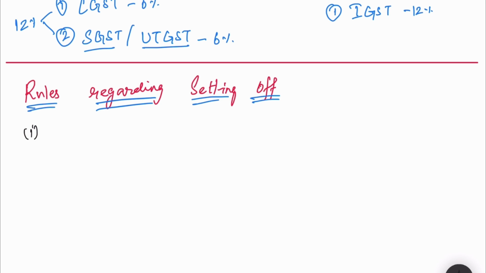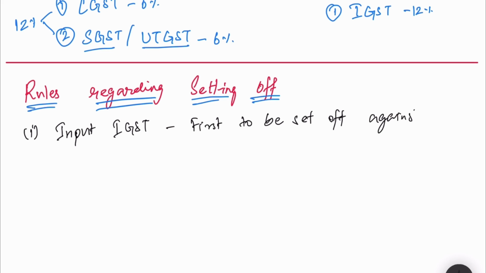The first rule is that the input IGST has to be set off first against output IGST. If output IGST is more, no problem, the entire output IGST will be utilized towards input IGST.